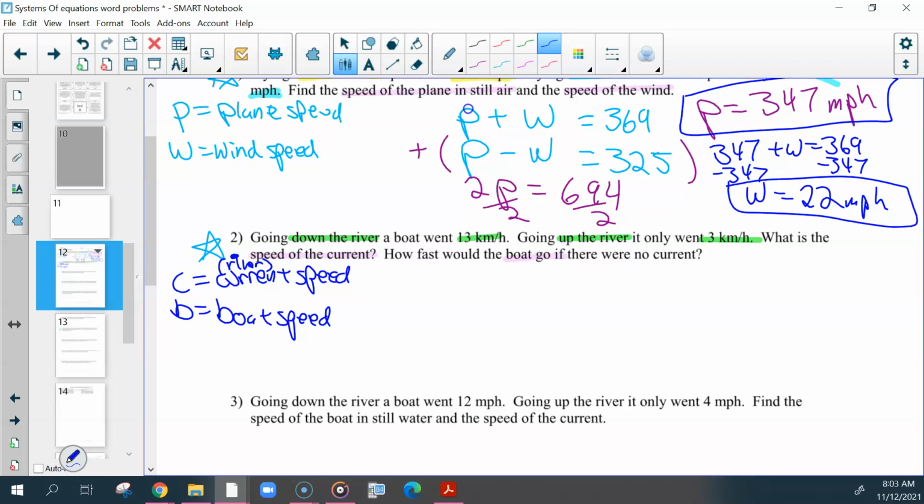Anyone want to take a guess as to how we would write these equations? Super close. It'd be B minus C. So let's. Nothing matters for the first one, but.